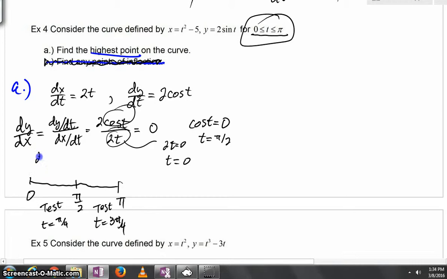But look, dy dx, if you think about it, guys, the 2's would cancel out, and you're saying, wow, I've really got cosine of t all over t. And if I plug in pi over 4, guys, cosine of pi over 4, isn't that root 2 over 2? Guys, most importantly, it's positive. That's what I want you to hang on to.